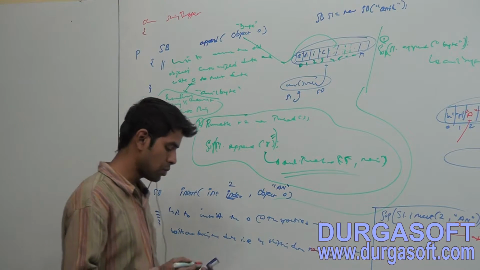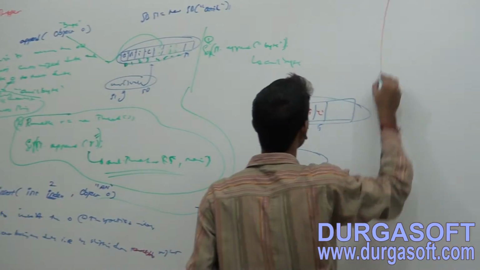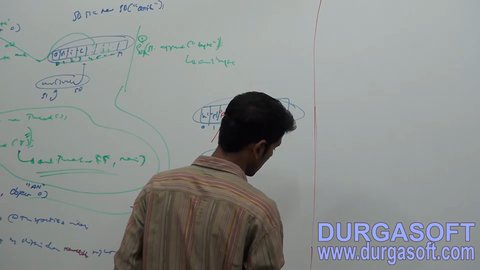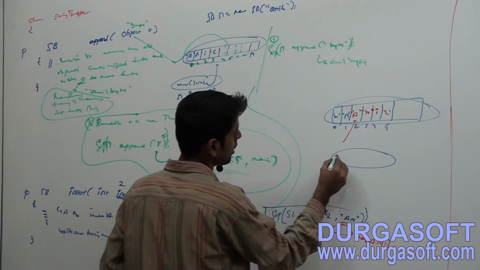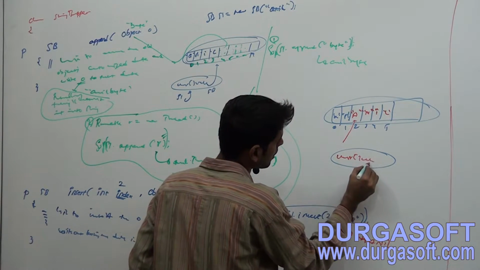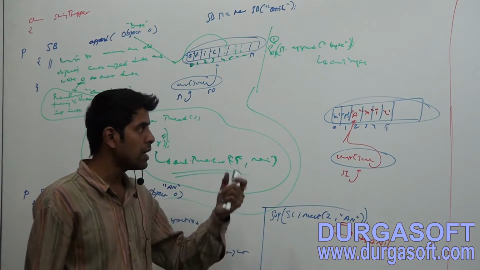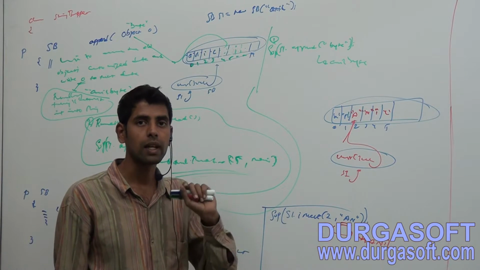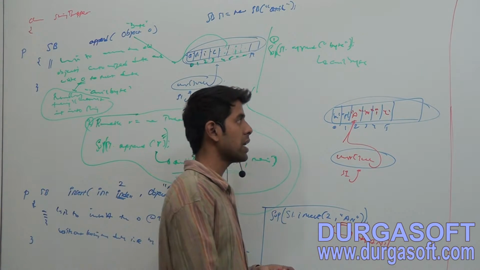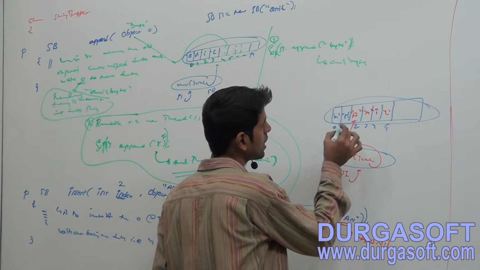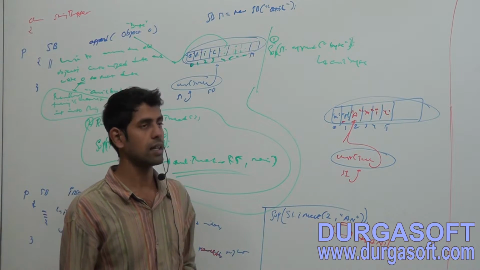Now coming to the other method. Observe, I want to delete a particular index character. I want to delete this first index data.